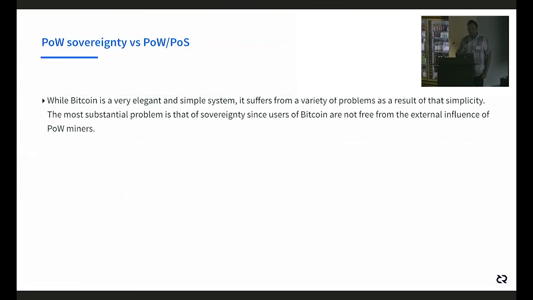So Bitcoin, it's elegant, simple. Its consensus code is relatively minimally complex. But there are problems that come out of this simplicity. By creating such a simple solution, it overlooked the governance of the project and punted on it.